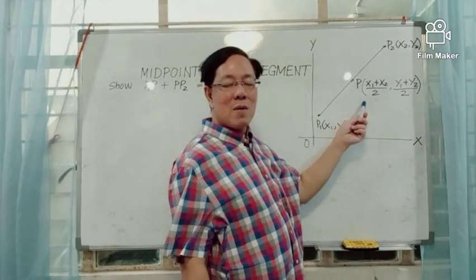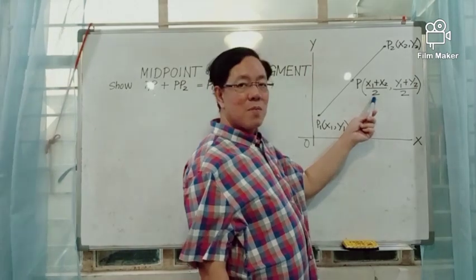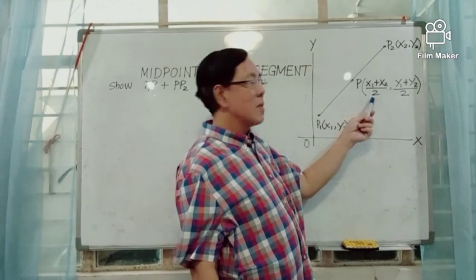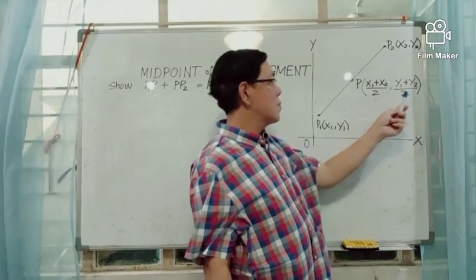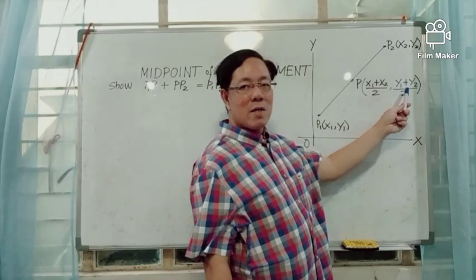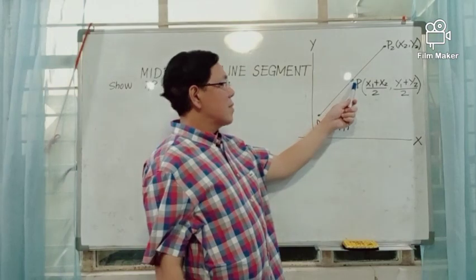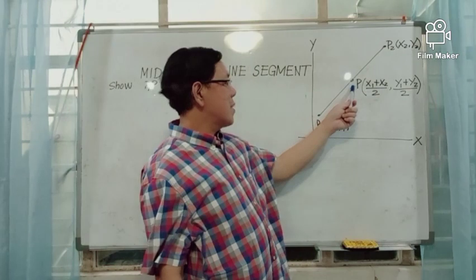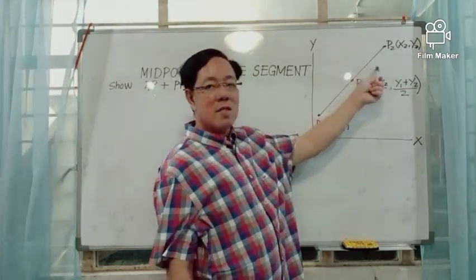And we have derived earlier that the coordinates of P, the abscissa is equal to x1 plus x2 divided by 2. And the ordinate of the midpoint is given by y1 plus y2, the ordinates of P1 and P2 added together, and the sum is divided by 2. Because P is halfway between P1 and P2, we say that P divides the distance between P1 and P2 into two equal distances.